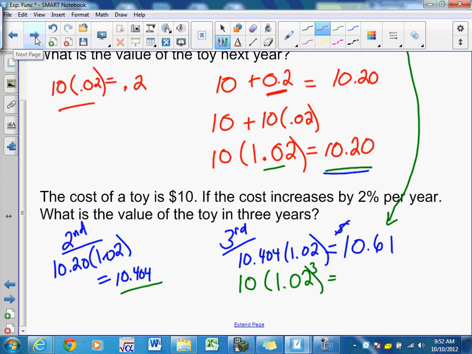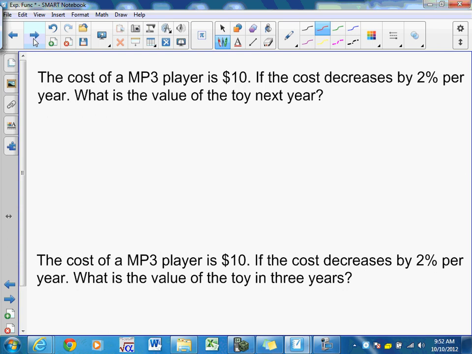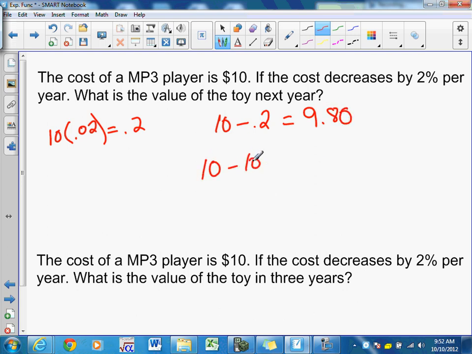Now, similar problem, but a little different. Let's say it decreases. Same thing, 10 times 2% is 0.2, 10 minus 0.2 is 9.80. But that's really like 10 minus 0.02. Factor out the 10. 10 minus 0.2 is the same as 10 times 0.98.